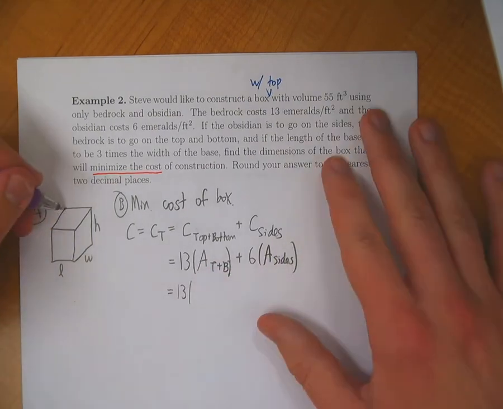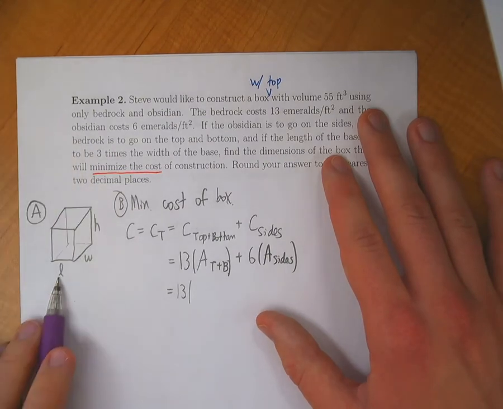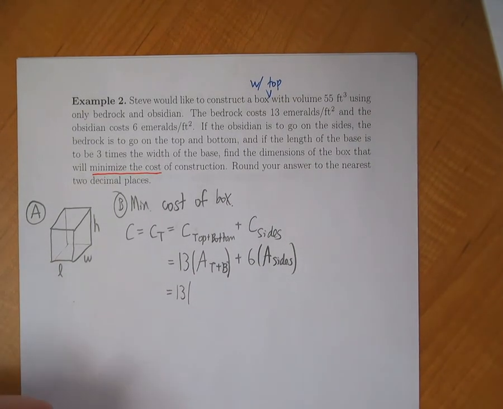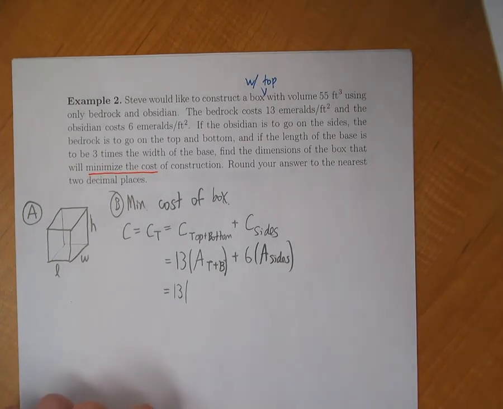So what you notice is that the top and bottom both have dimensions length and width. So since we have 2 such faces with those dimensions, the area of the top and bottom will be what?